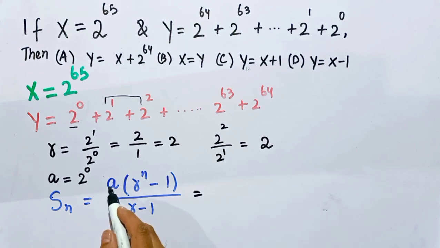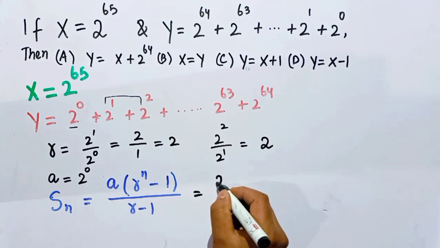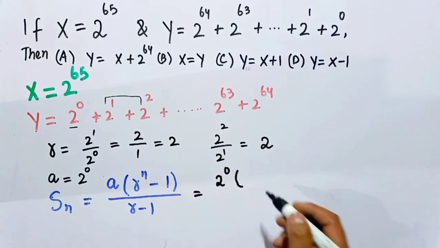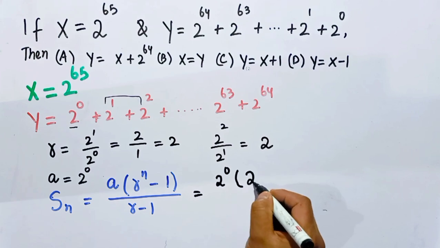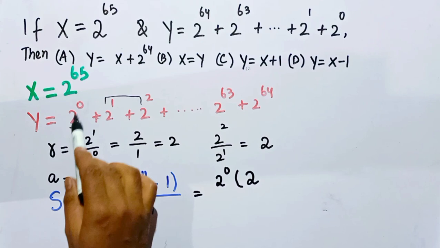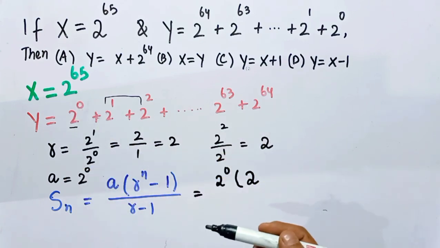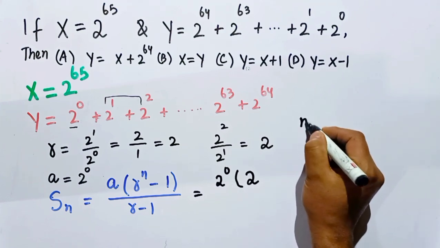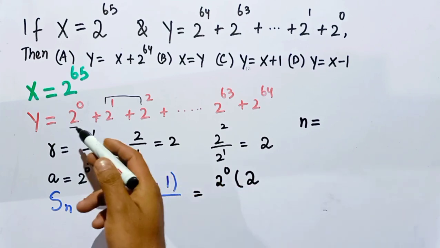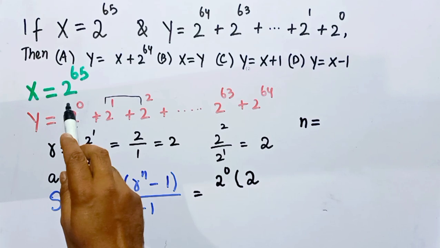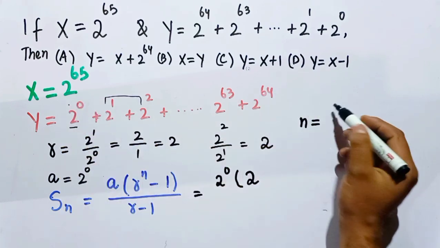So our first term is 2 to the power 0, and the common ratio we have seen came out to be 2. And the number of terms: here you can see we go from 2 to the power 0 up to 2 to the power 64. Since the last power is 64 but it starts from 0, the total number of terms will be 65.